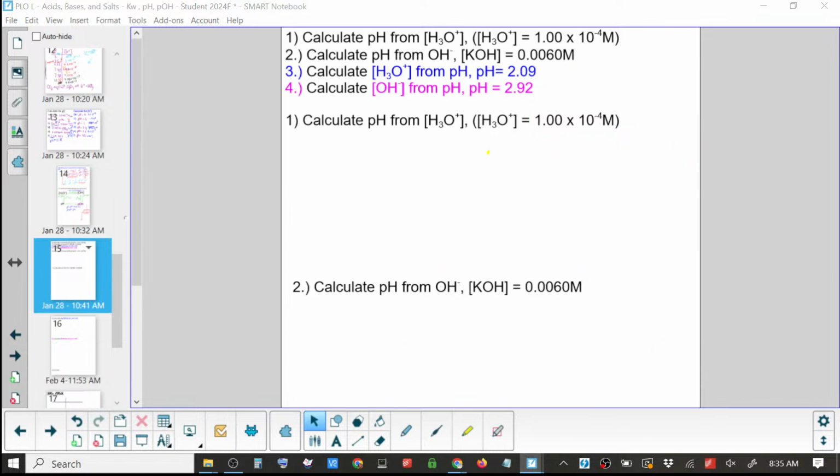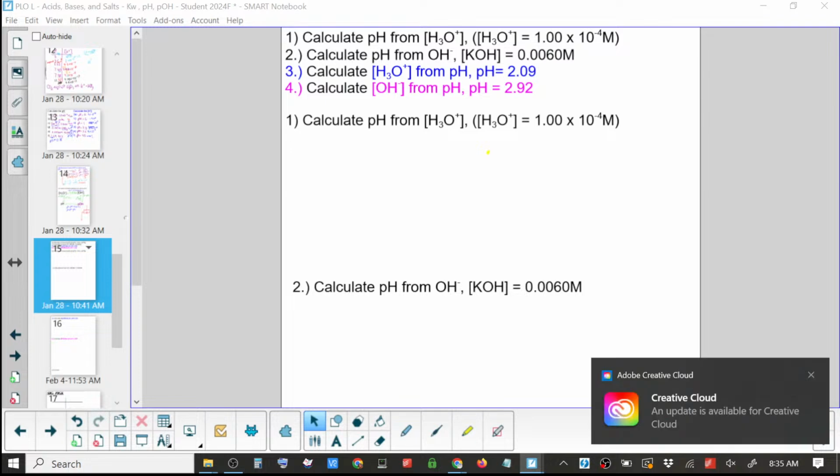Mr. Newfeller, you're supposed to read a question too? Yep, 1, 2, 3, 4. Number them, show the calculation.